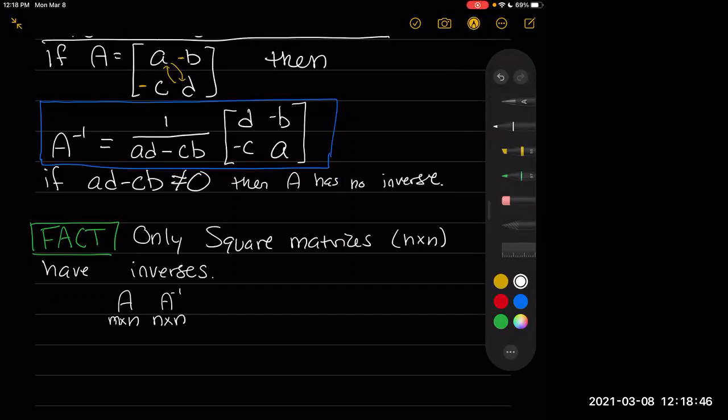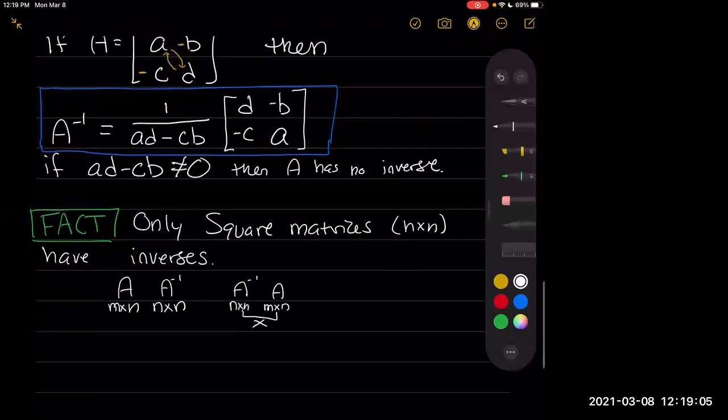And then if you were to rewrite it, A inverse times A, they would not match anymore. So that means your A's and your A inverses are always going to be square.